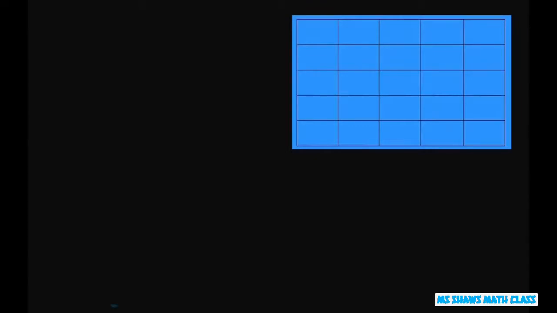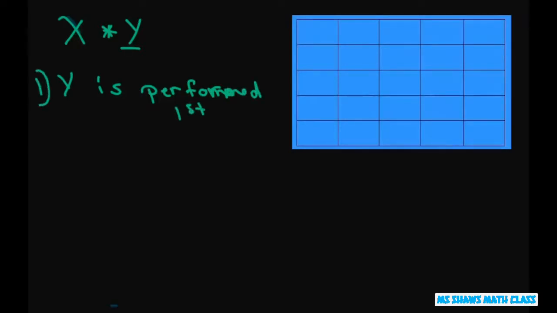And we're going to let X star Y indicate the transformation Y is performed first, and X, the transformation X, is performed second.